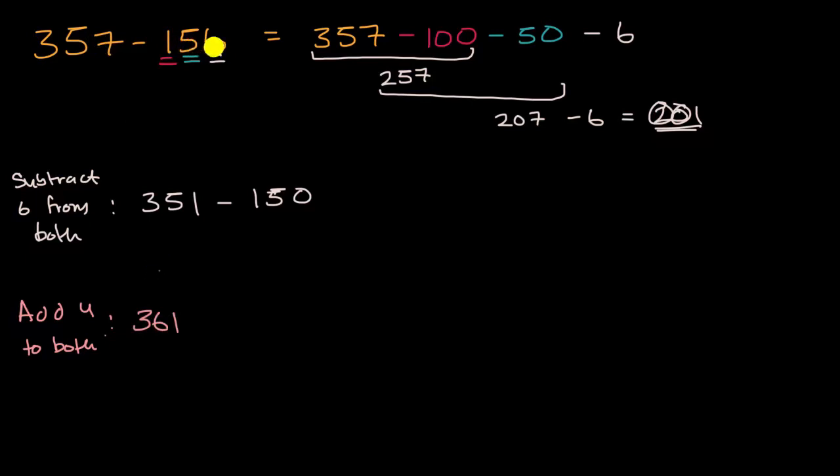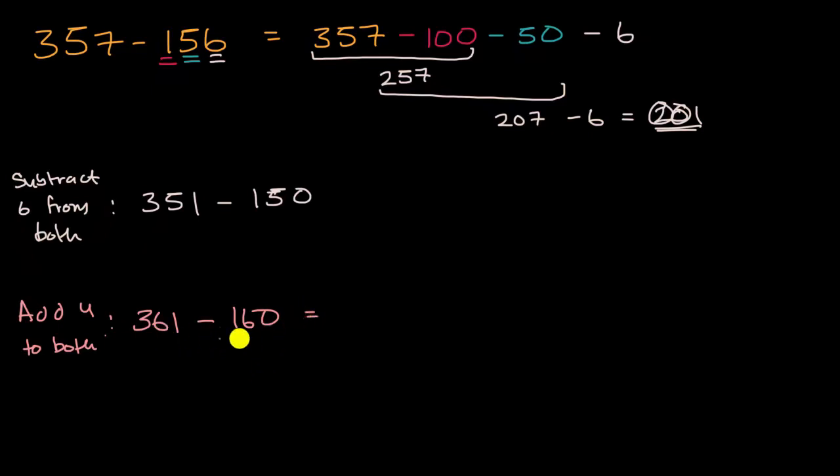And if I add 4 to 156, that is 160. Since I added the same amount to both, the difference is going to be the same. And so if you look through this, 300 minus 100 is 200. And then 61 minus 60 gets us to 201.